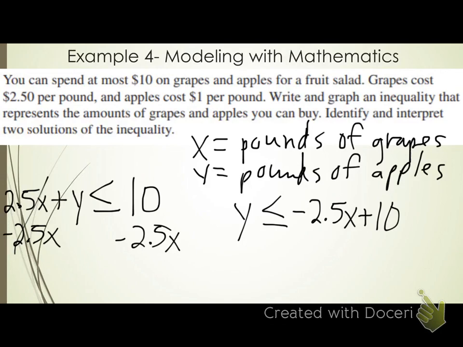And we're going to be graphing, so we want a fraction as our slope. How would I make negative 2.5 a fraction? If you type negative 2.5 in your calculator and click enter, and then hit the two arrows above the enter key, it'll convert it to a fraction for you.